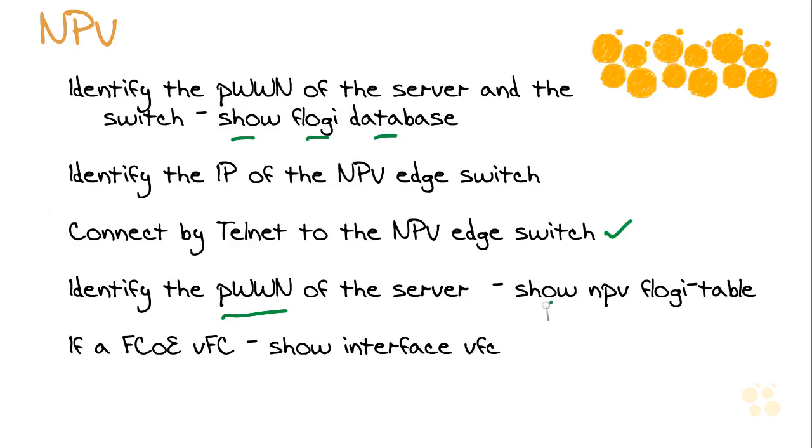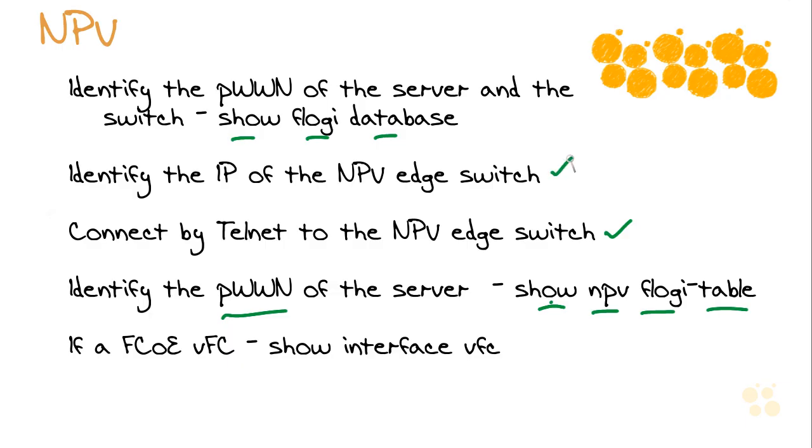If the interface is a Fibre Channel over Ethernet virtual fiber channel interface, then you can use show interface virtual fiber channel in order to see which port the virtual fiber channel is physically bound to. So that would be the steps.